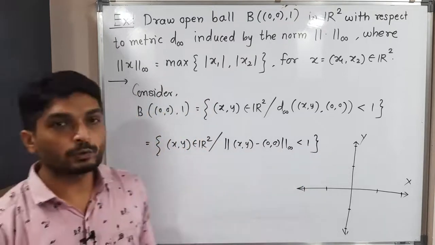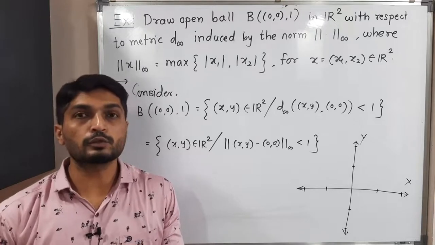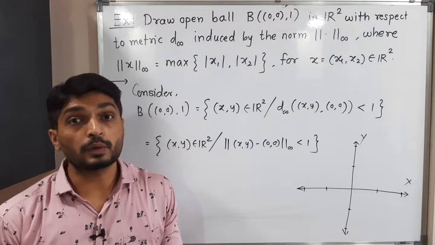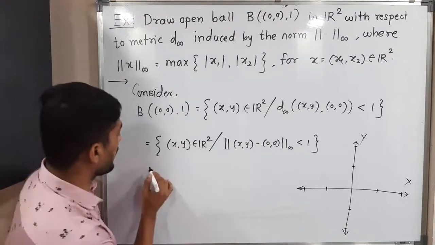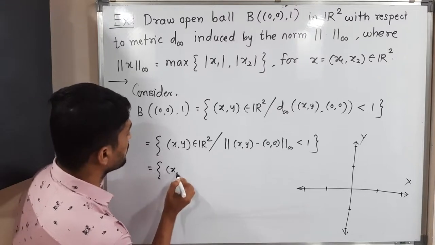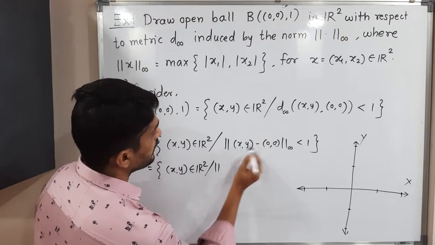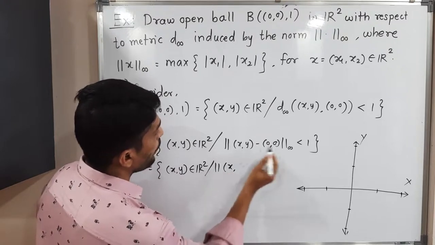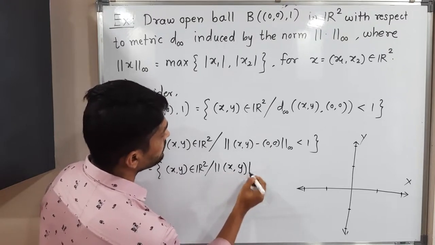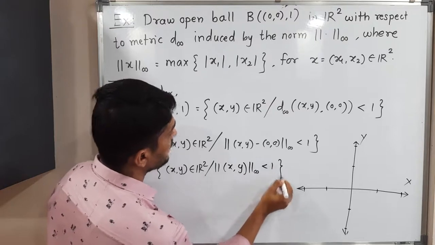After that we have to do this subtraction. Both are elements of R2, so we can subtract component-wise. That means we will have (x, y) belonging to R2 such that we are subtracting x minus 0, we will have x, y minus 0, we will have y, infinity less than 1.